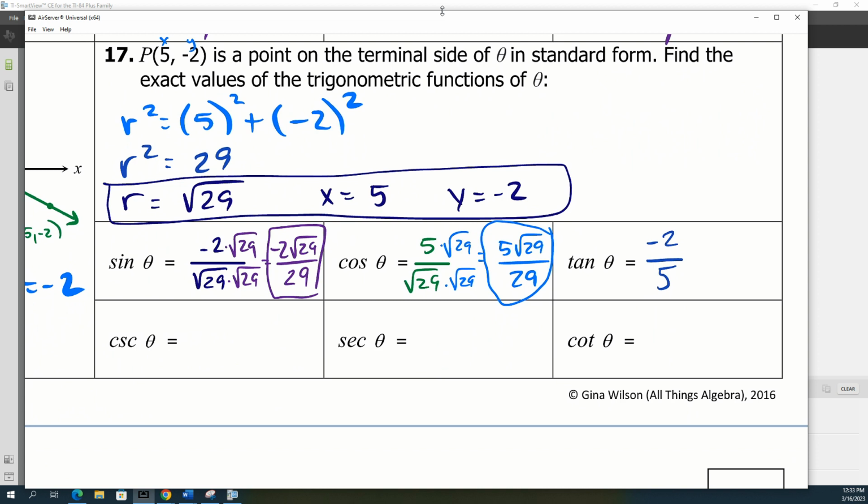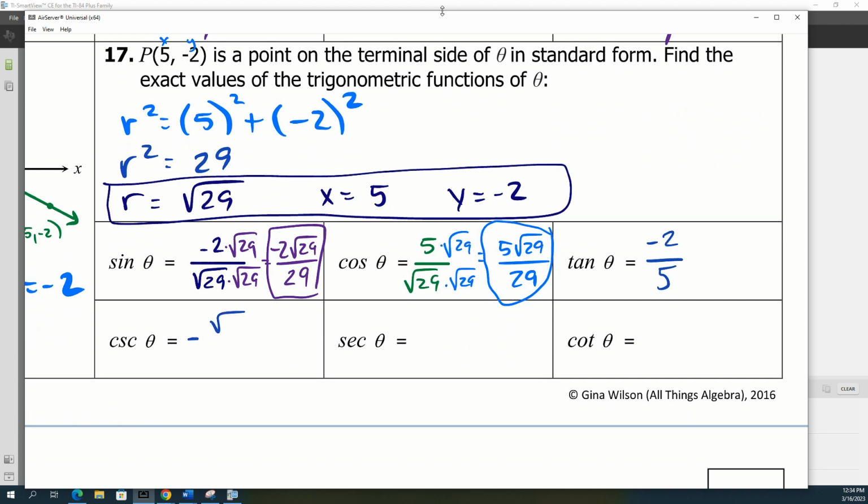Now when I do the reciprocals, we're going to be smart, and we aren't going to flip over the final answer on the sine and the cosine, because that's going to move the radical to the bottom. We're going to flip over the first one we found. And that negative can go on the top, on the bottom, or in the front. I usually will just put it in the front.